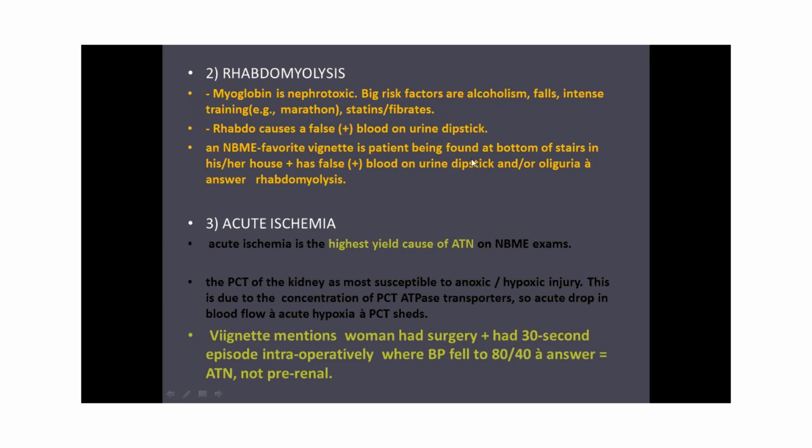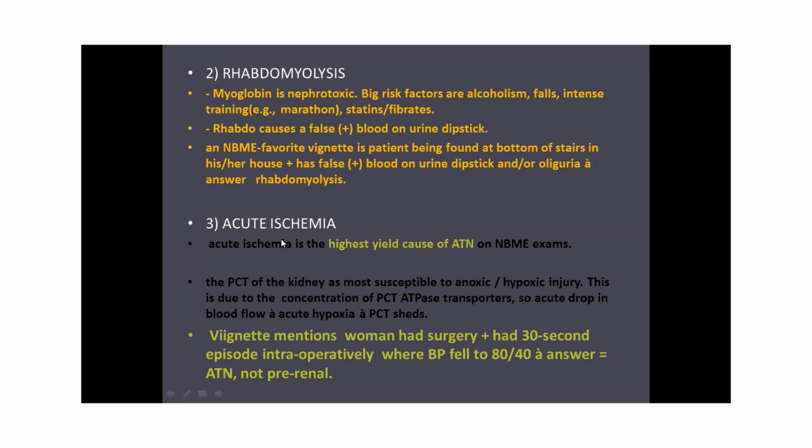You have to pick out that it's a case of trauma, positive blood and oligouria. We have only one condition for that, rhabdomyolysis, and rhabdomyolysis results in acute tubular necrosis. That's why this patient is getting signs of oligouria. Must remember, that is a very high yield point.